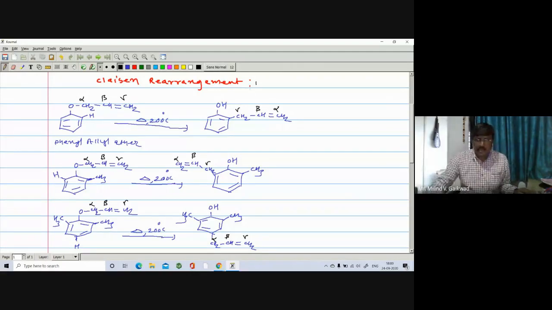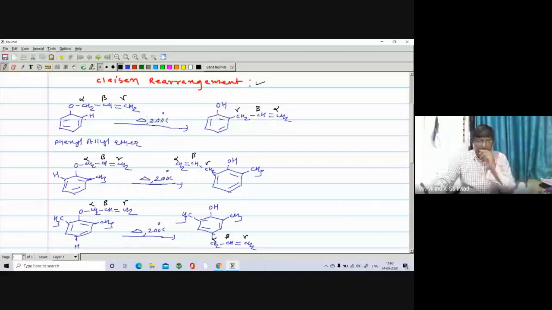What is the starting compound? The starting compound is allyl ether, phenyl allyl ether. And what are you getting? You are getting a phenol, allyl phenol. If the ortho position is not blocked, then this allyl group will attack here. The gamma will attack on the ortho hydrogen atom.